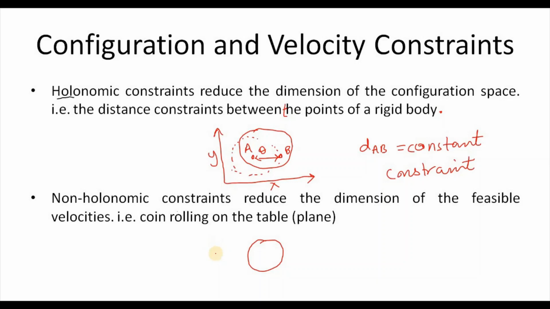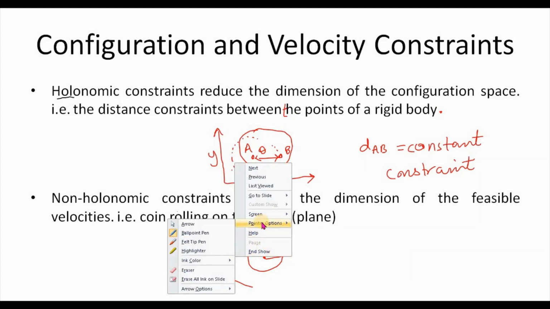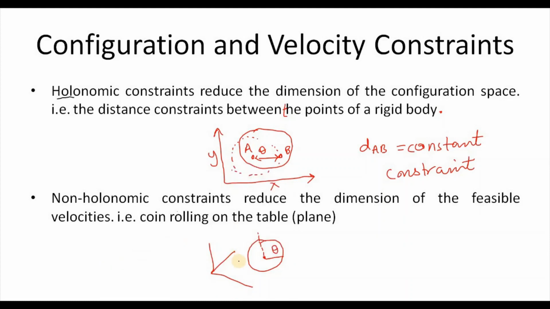Let's say we have a plane here, and this coin has this angle theta, and then we have one more angle, which is phi. This angle shows the orientation of this coin on the plane. We call it phi.